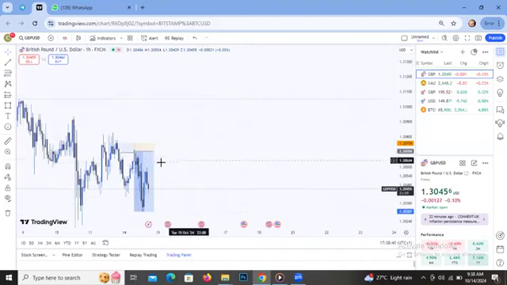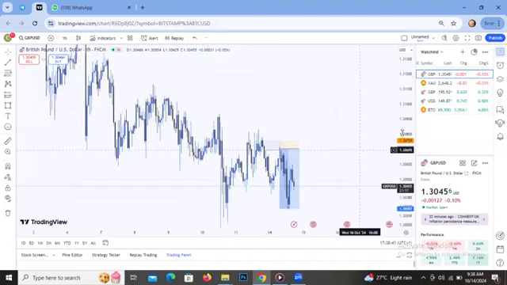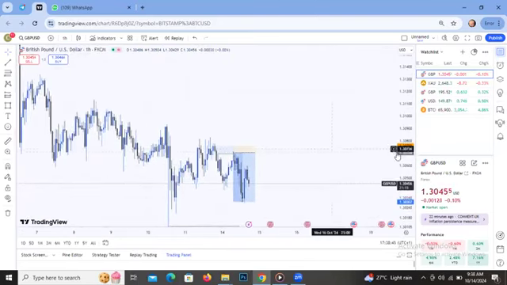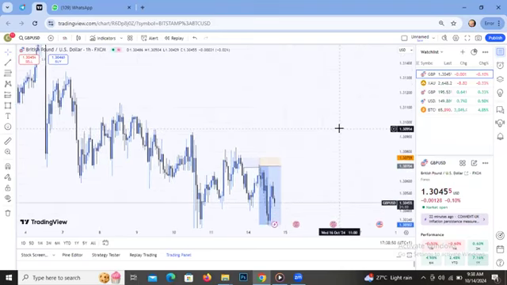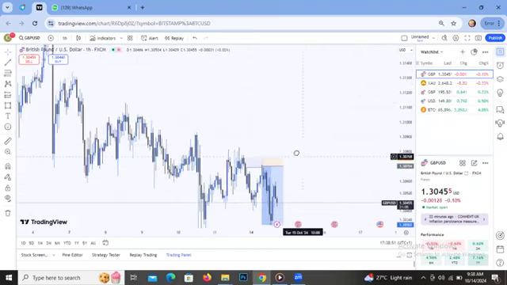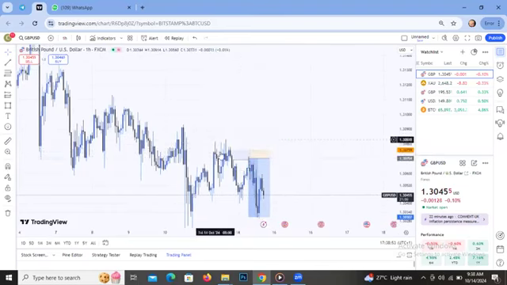Okay, good. Now the mistake we made on that setup that I sent: the market is in a downtrend. Remember I told you don't go against the trend, and I said this is risky because it's against the trend.